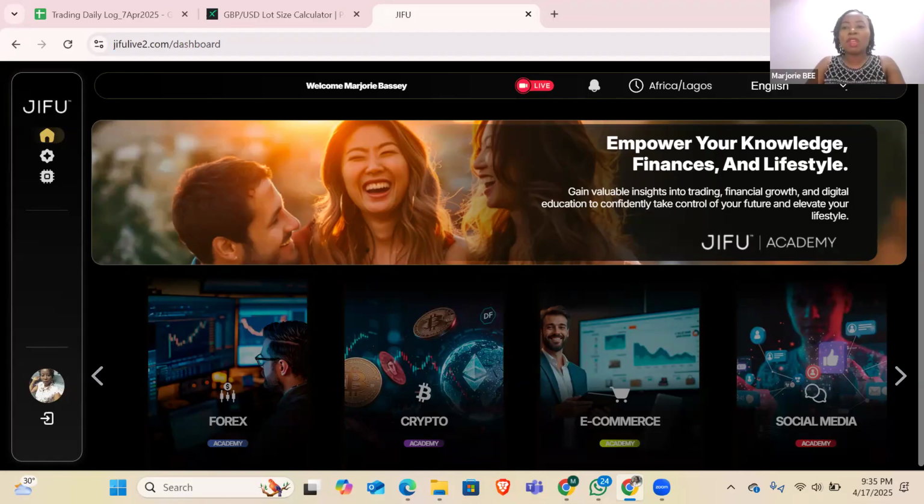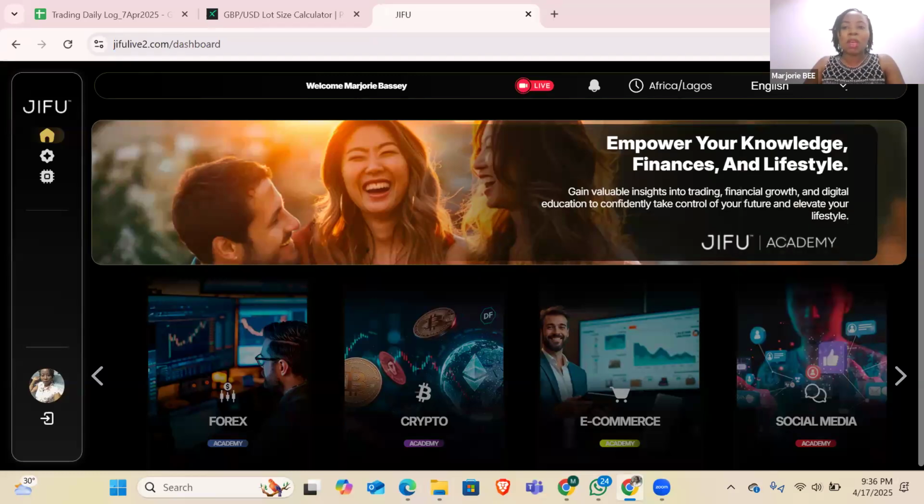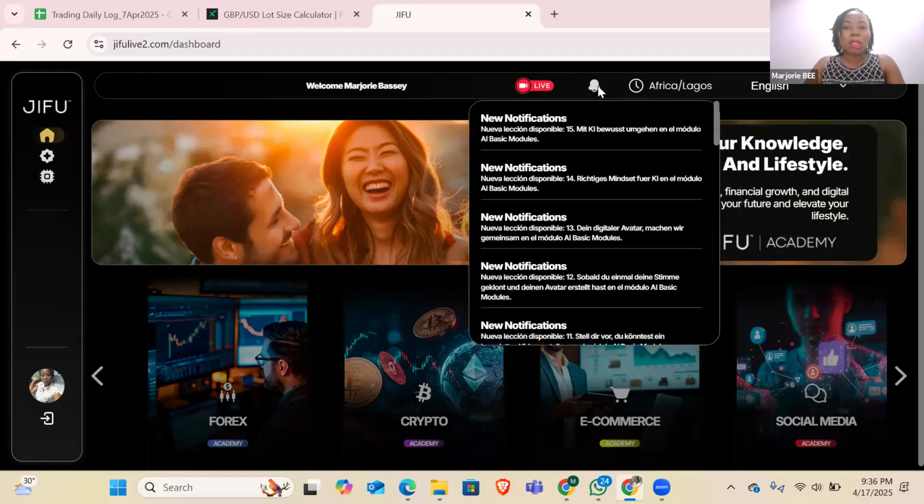And then you have different languages. The JIFU platform is quite interactive. People across the world can access the platform in their own language. How cool is that? So choose the language you're most conversant with. Then you see this small bell button, which is a notification button.